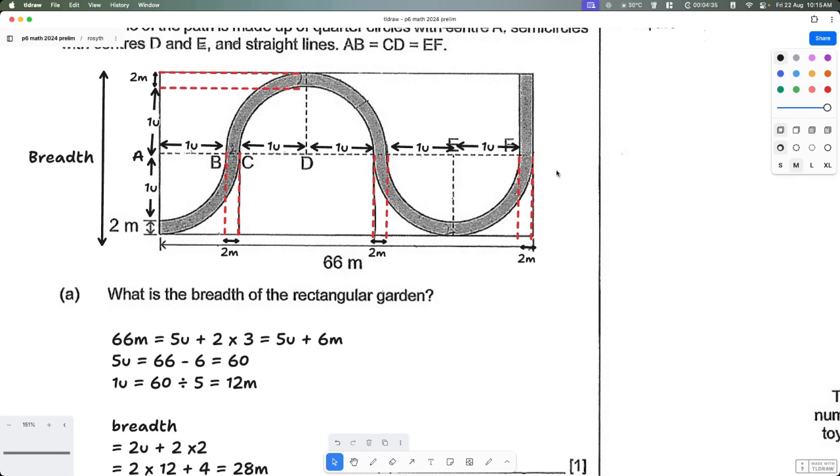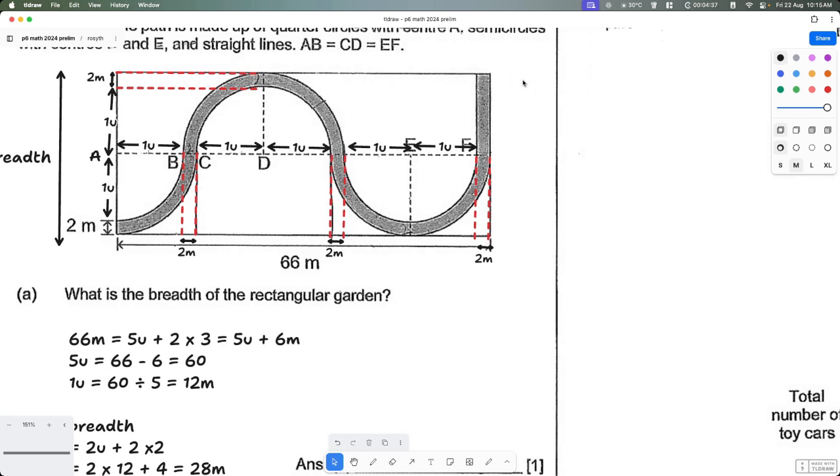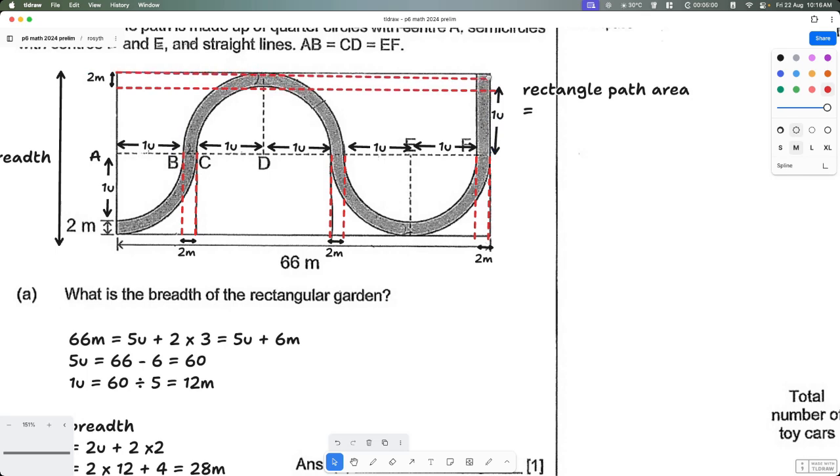Okay, so let's get the rectangular one. Rectangle path, right? Path area is equal to, in this case, 1 unit plus 2 meters in this whole thing over here, right?